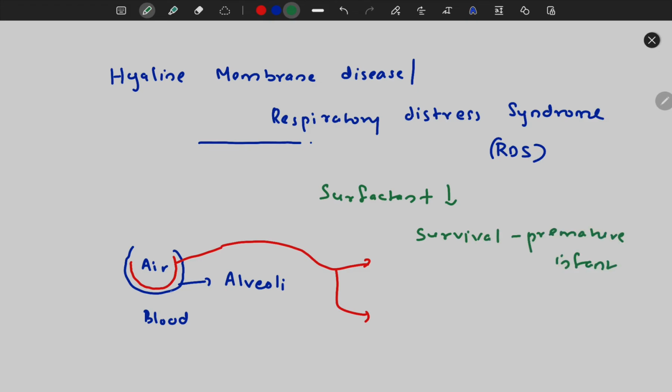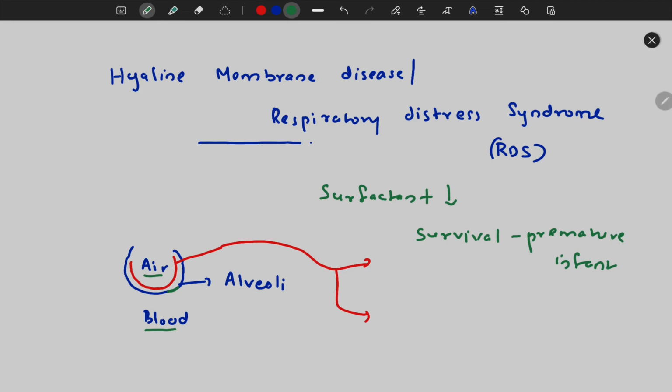So here you can see this is the alveoli. This is the air and here is the blood. During inspiration, the alveoli increase in size because air is getting filled. And during expiration, the alveoli reduce in size as air is expelled out.